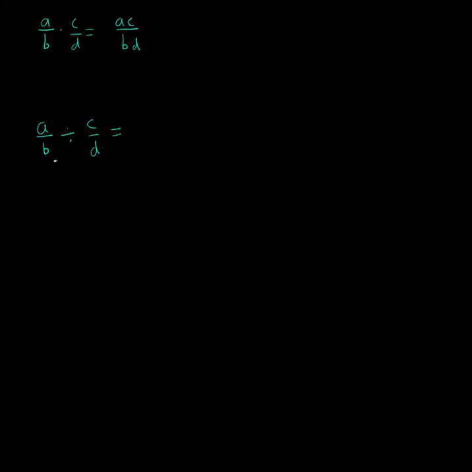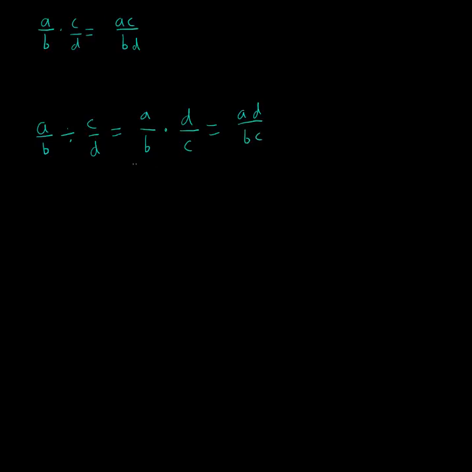Well, there are a number of ways we could look at this, but as far as the mechanics go, we would write this out as a over b times d over c. And that would just give us ad over bc.